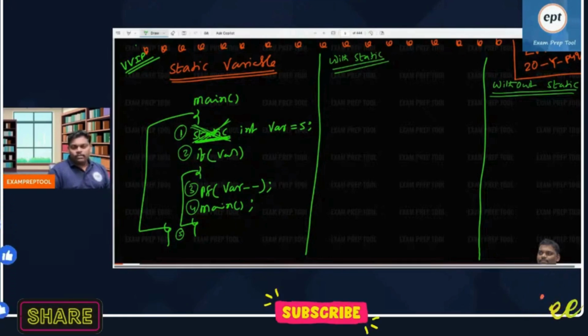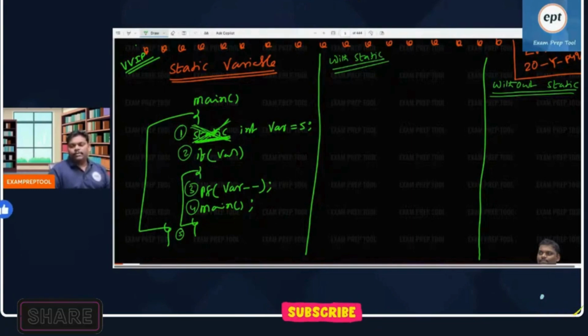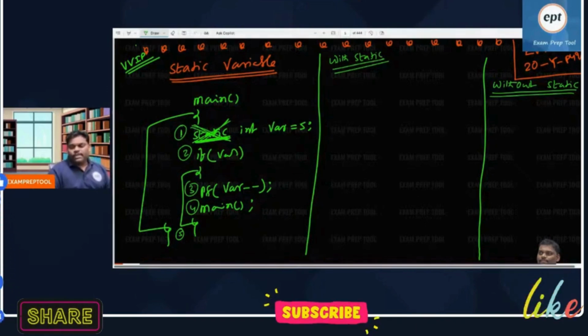When the second statement fails, you will go to the fifth statement. If the second passes, then you will go inside. Am I right or not?